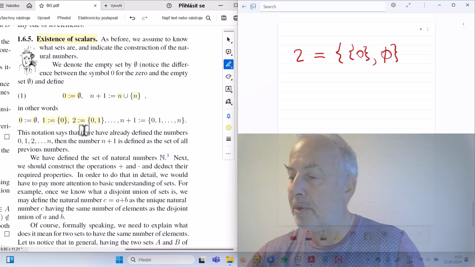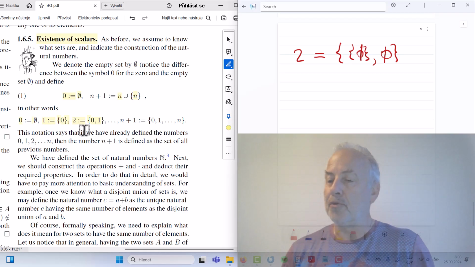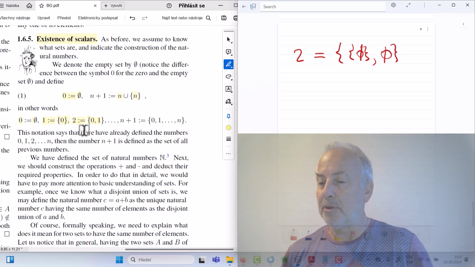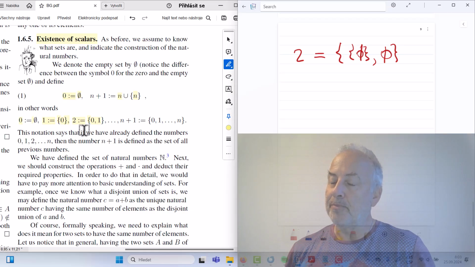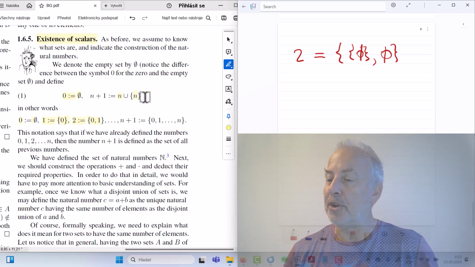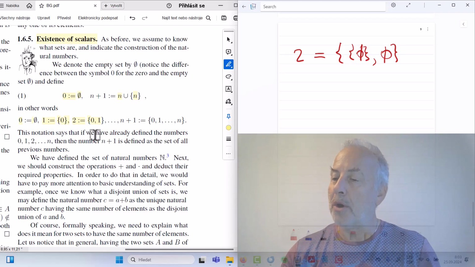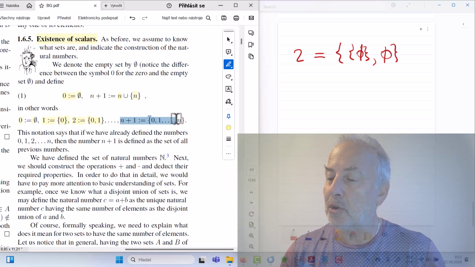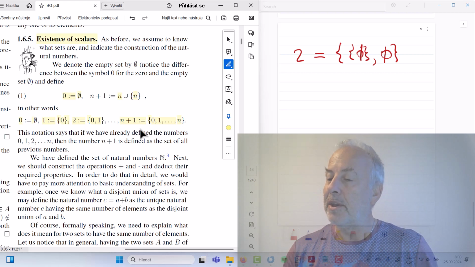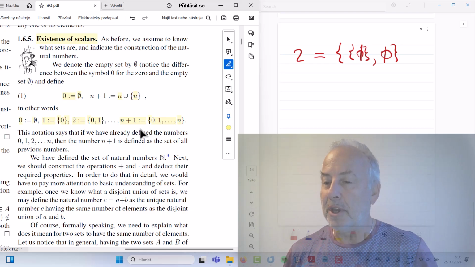So this would be 1. This would be 2, right? So it's exactly according to the definition, and we can go on. So 3 would be more difficult and so on, and we can also write it this way in a nice inductive procedure. So this is the definition of the naturals.